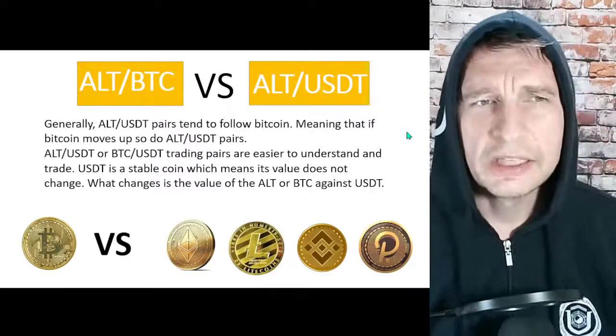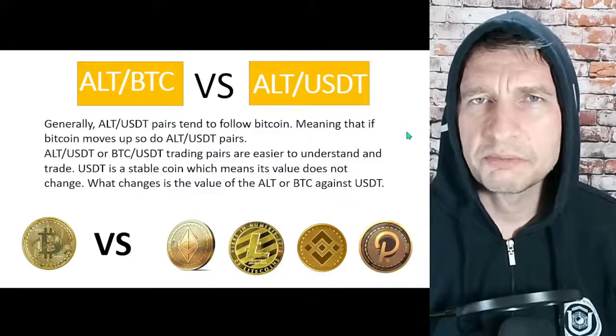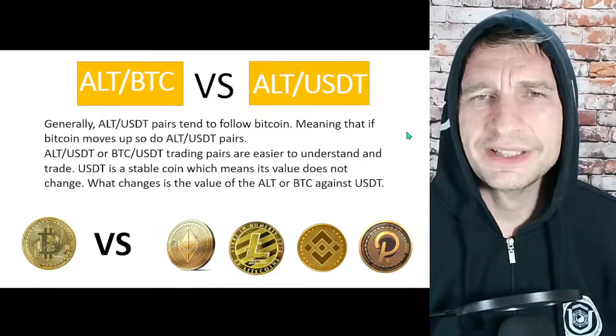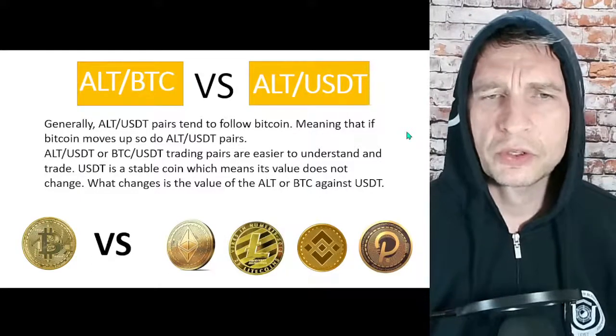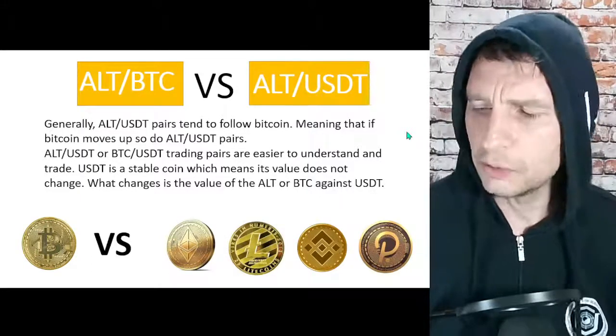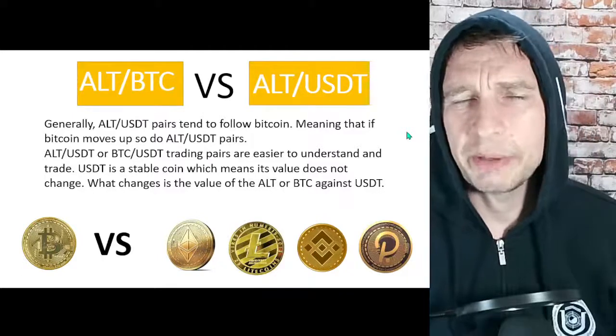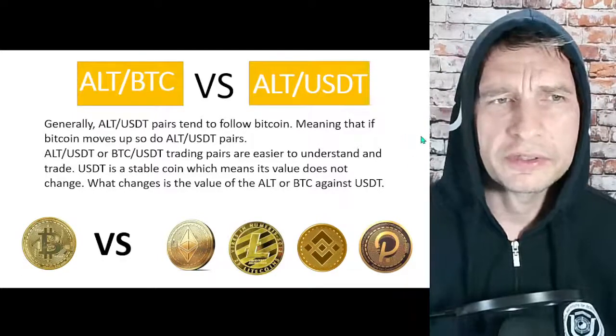But generally, when we see a rise in BTC USDT, most of the cryptocurrencies follow along, and you will see the Ethereum USDT pairing pump, and all the other ones.